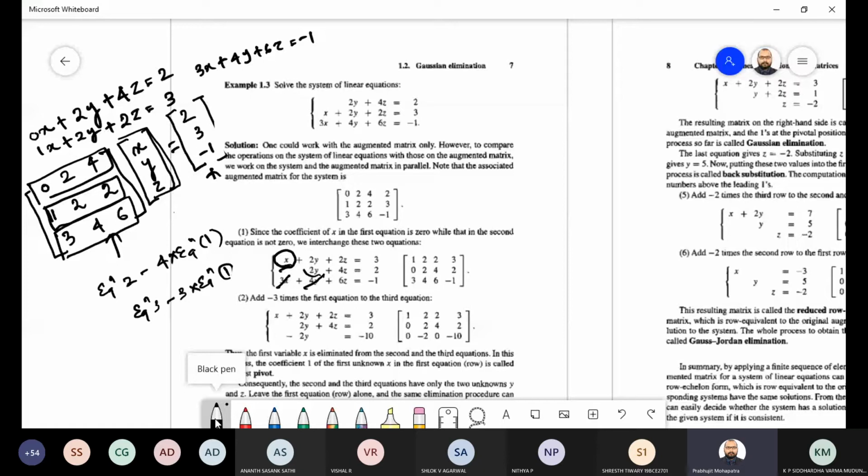So the y place is here, then the z should be here. Even this coefficient 2 and this coefficient 6 we can remove. So directly you will get the z value. After getting the z value, substitute it here, you will get the y value. Then after getting the y value and z value, substitute, you will get the x value.